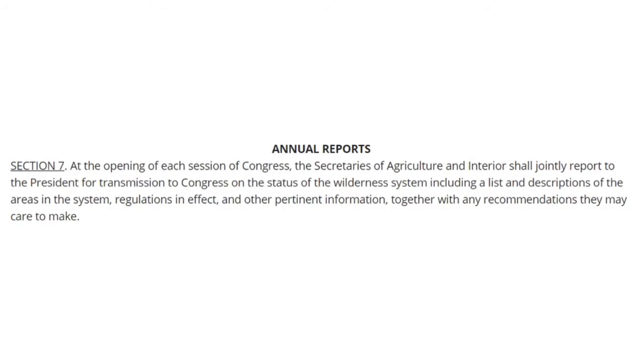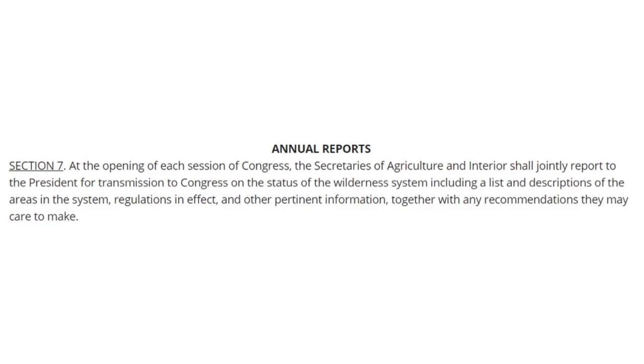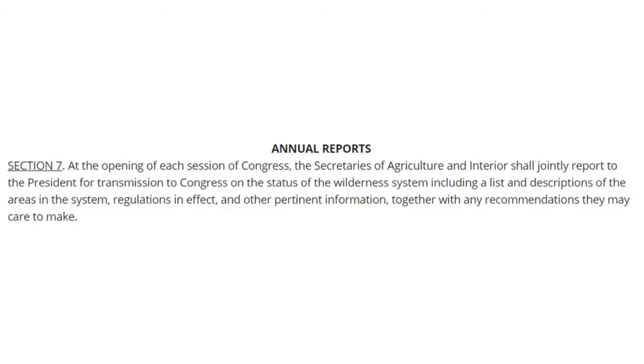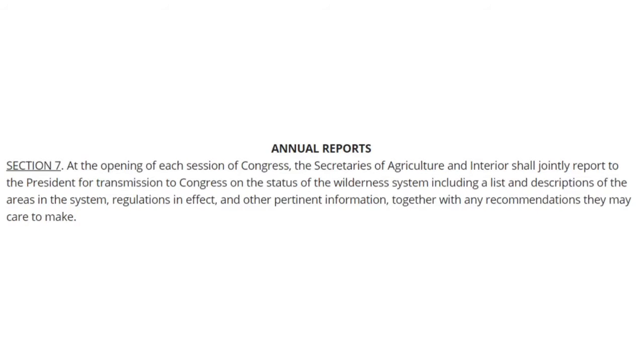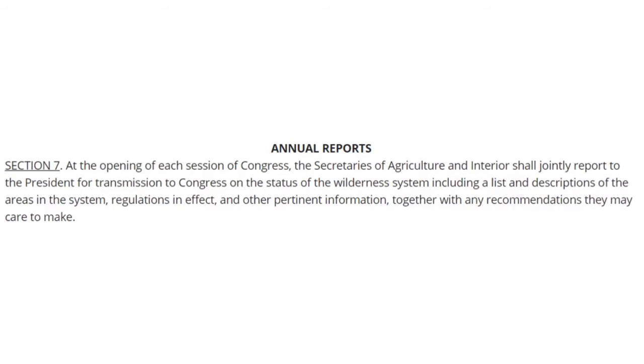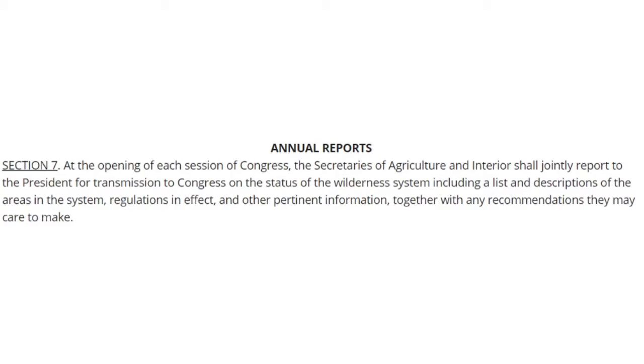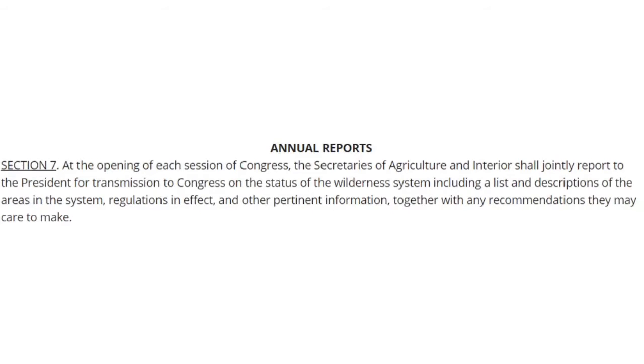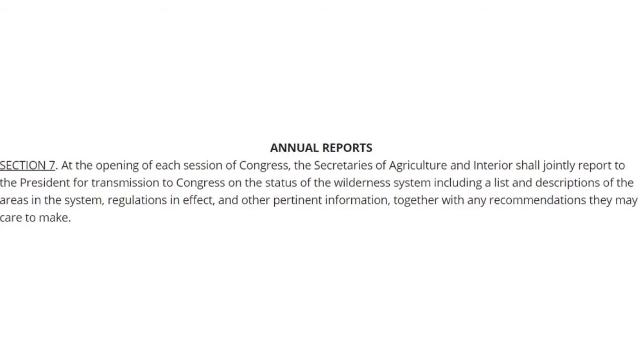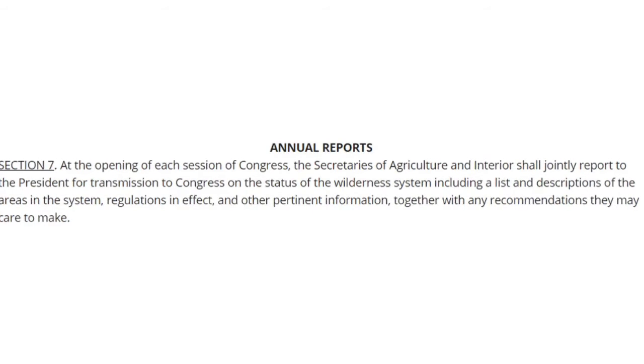The closest thing that we have to a monitoring component in the Wilderness Act is Section 7, which is the annual reporting section, which just states that at the beginning of each session of Congress, the Secretaries of Agriculture and Interior, who manage the wilderness areas of the United States, shall prepare a report for the President and Congress about the state of wilderness.